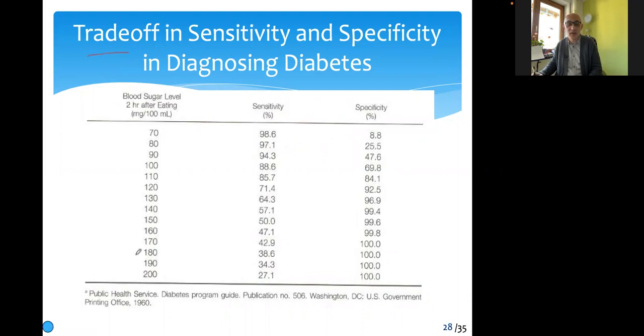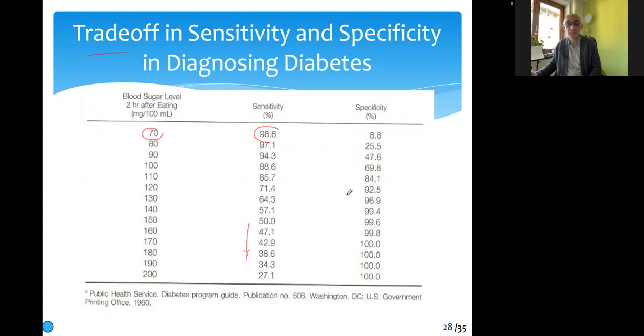Here you have the blood sugars, you see. If you have a very low blood sugar as threshold, as diagnostic level, cut point, then you have very high sensitivity, of course. If you increase the threshold, the cutoff, then you will have a better specificity, but your sensitivity will be decreasing.